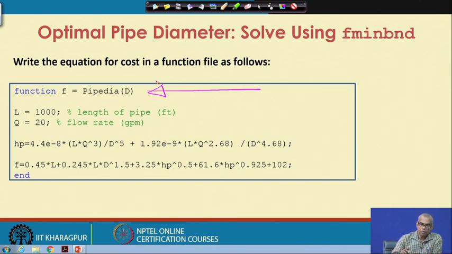The length of the pipe and flow rate, they are all specified. Please look at lecture number 53. And then you can compute the cost corresponding to pipe diameter d.